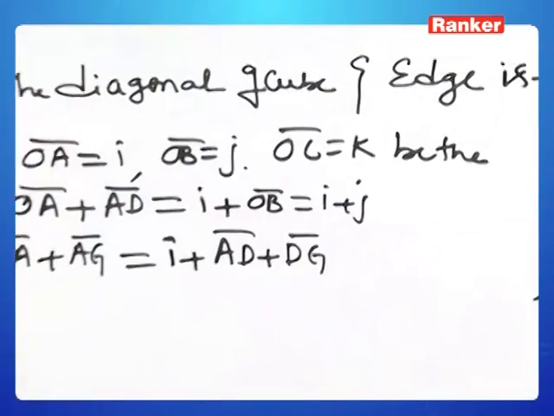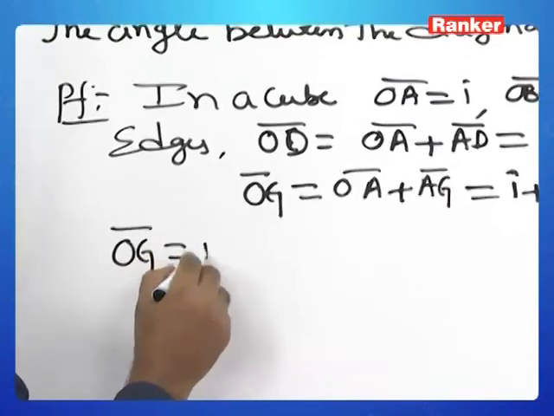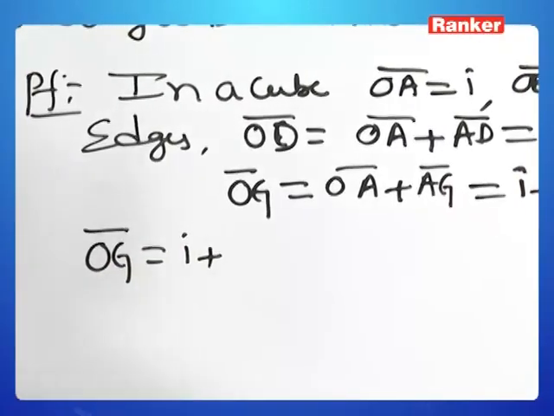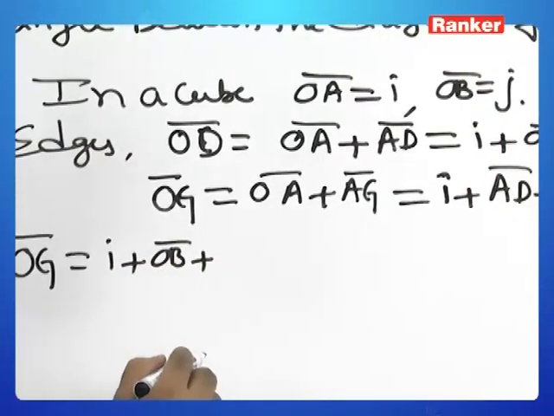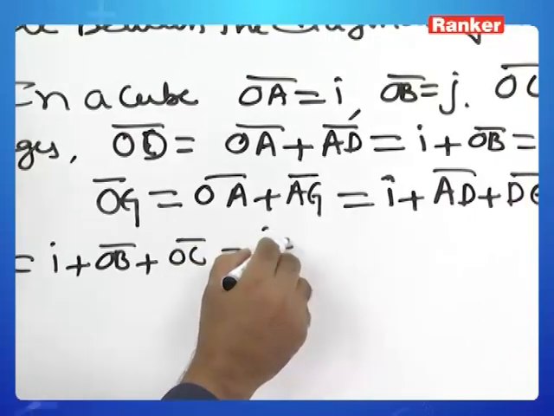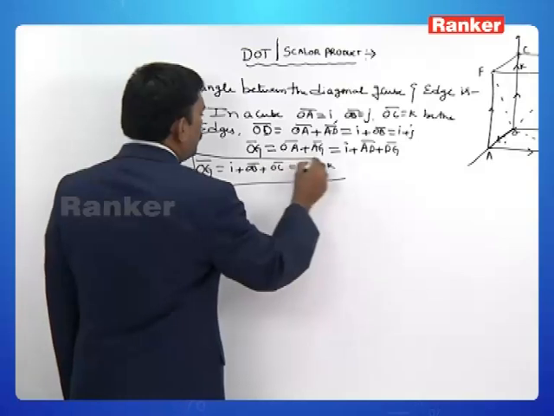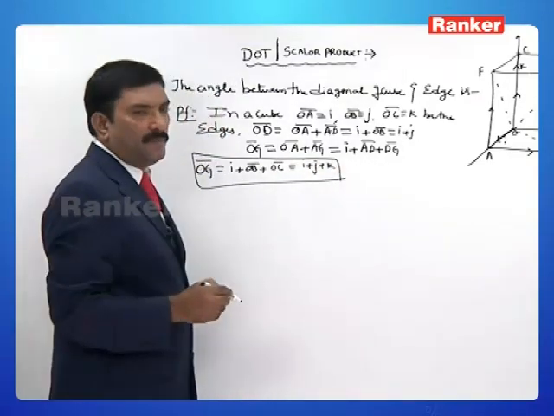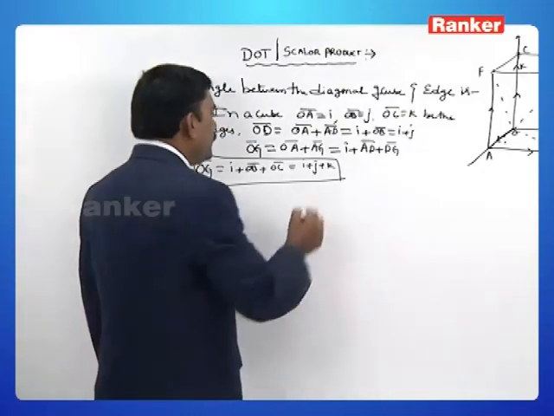I can write OZ bar as I plus AD bar, and AD bar is the same as OB bar and DZ bar is the same as OC bar. In turn, I can write OZ bar as I plus J plus K. Now, this is enough for us.